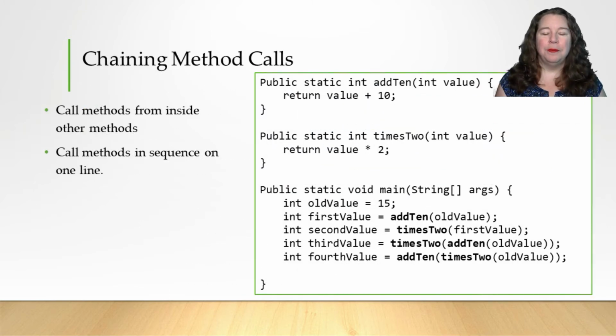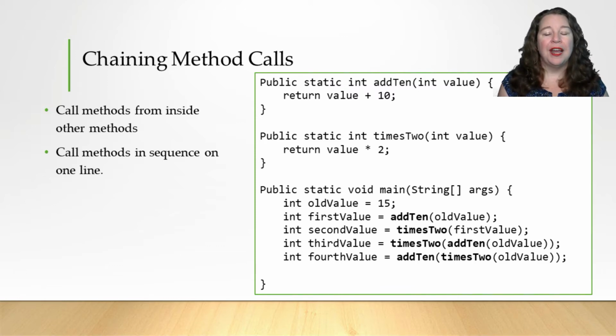One of the really fun things is being able to chain your method calls. If I have two methods, the examples I have here are add 10 and times 2, I can take the return value from one and pass it as a parameter to the second. In the example, I've set an old value, my first value is the result of add 10, and my second value is the result of times 2.